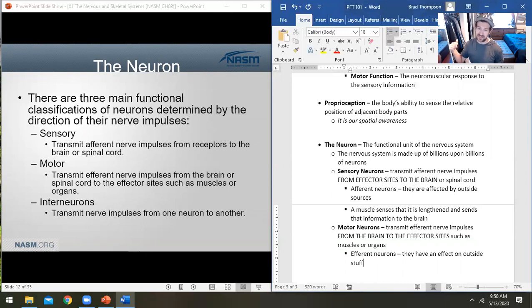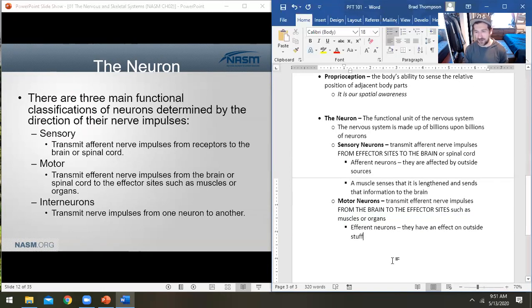My body heat is having an effect, right? I'm effecting something rather than being affected by something. Welcome back to English class. So that's your afferent versus efferent neurons. Basically, sensory neurons gather information, motor neurons execute the response. A muscle contracts in response to being over lengthened.